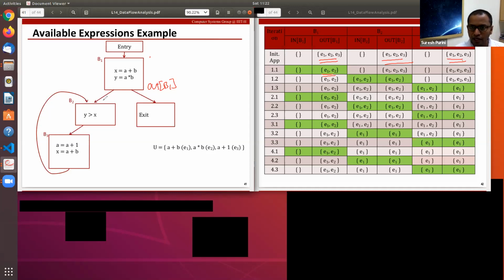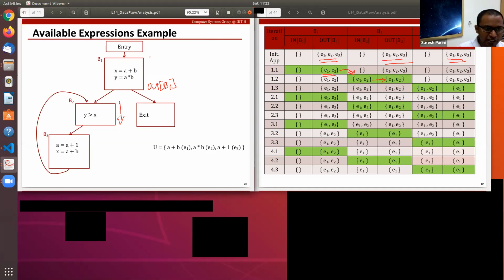So this information gets propagated here, and we want to pass this information through the basic block B2. But when we pass this information through B2, no expression gets locally generated and no expression gets locally killed. So this will just go like this.